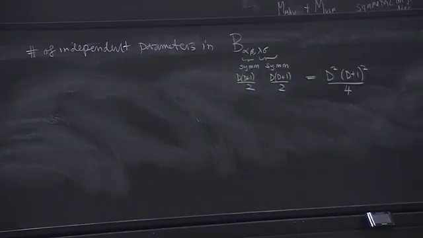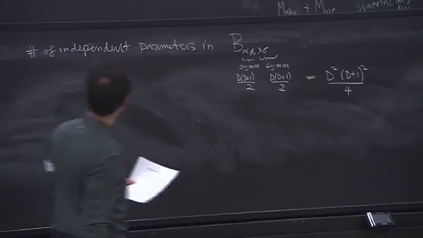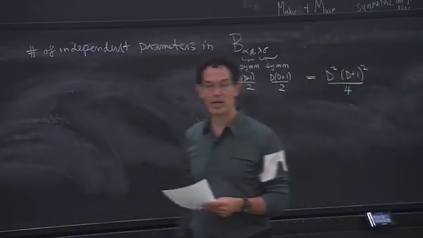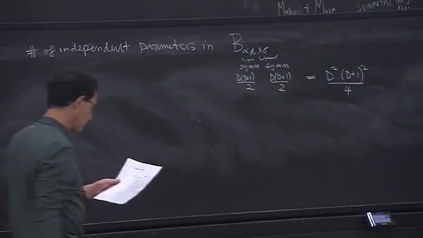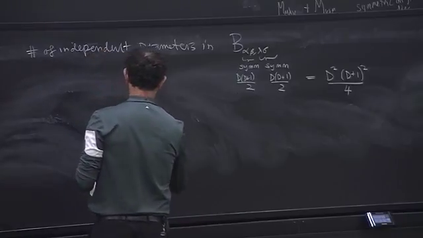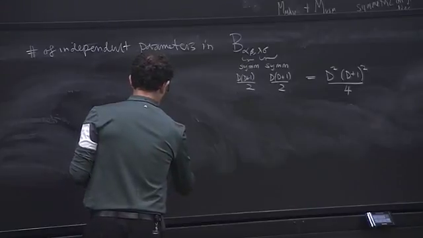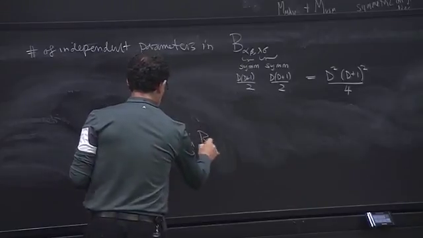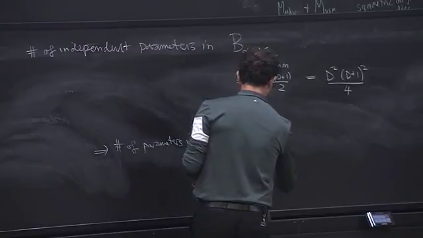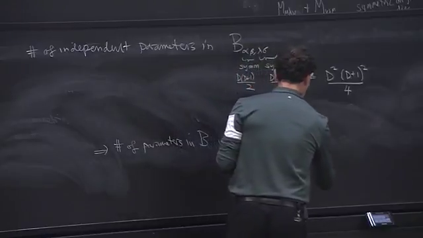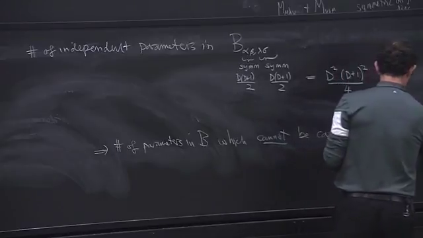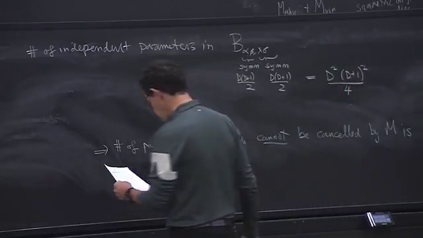So this is what Riemann noticed, is that the number of components in M is smaller than the second number in general. So the number of parameters in B which cannot be cancelled by M is the difference between these two numbers.